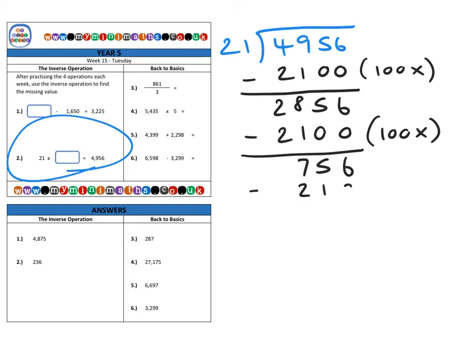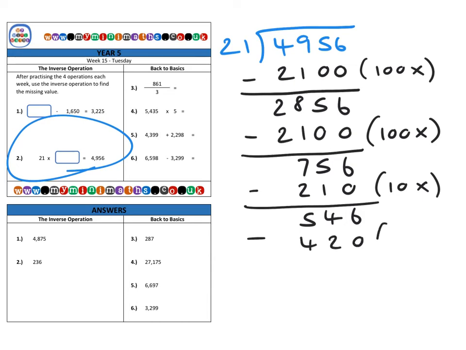So I could take away 210, which would be 10 bags of sweets. And that leaves me with 546 sweets, just using simple subtraction. This time I may decide to take away 420, which is 20 bags of sweets, leaving me with 126 sweets altogether. Now, we can't use 210 because it's too big.